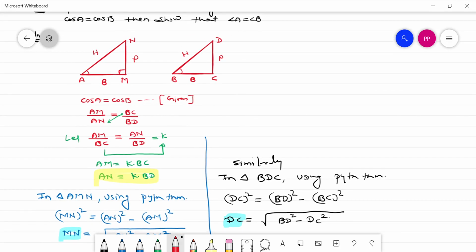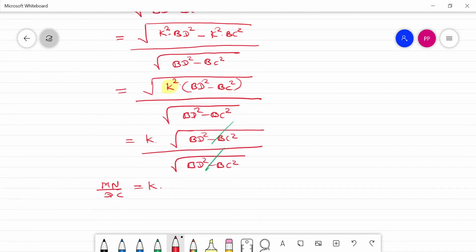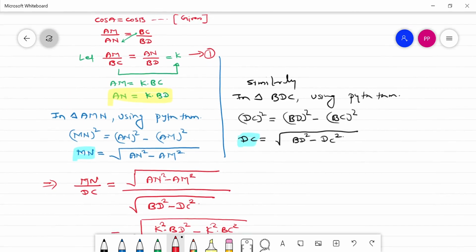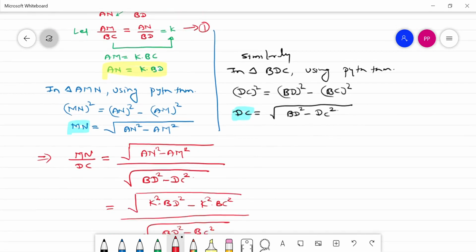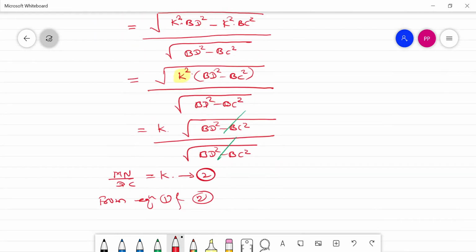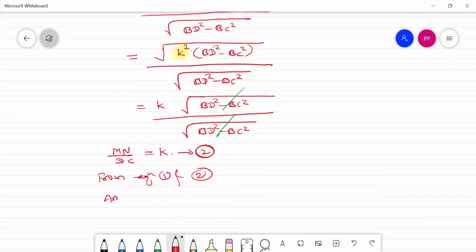Now we got these equations, AM by BC is equal to AN by BD. So let us assume this as equation number 1 and this as equation number 2. So from equation 1 and 2, what we can say, here all these three ratios, that is AM by BC is equal to AN by BD, and that is equal to MN by DC.